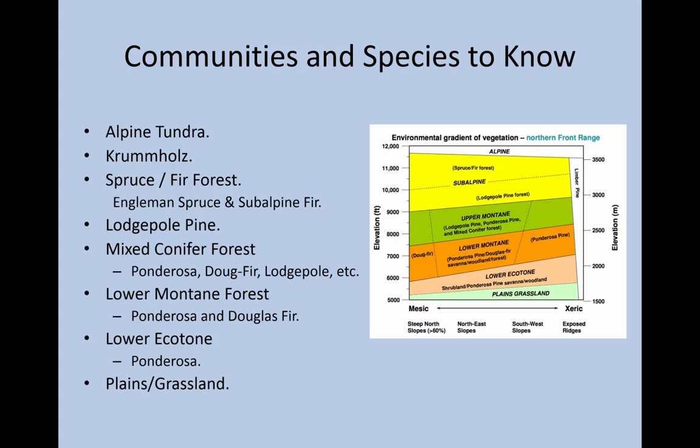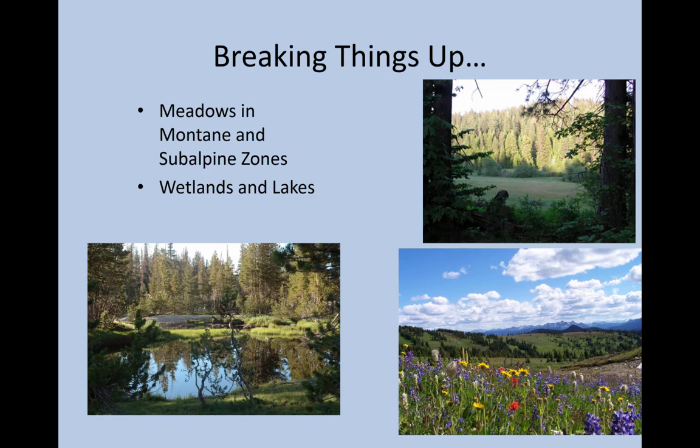But even if we discard some of those flukes, we can point out that there are some other ways in which this neat march of forests and life zones starts to get a little bit more broken up in a number of cases. One of these deals with meadows and wetlands and lakes that we'll often find in the montane and subalpine zones, places where we might otherwise expect to see forested growth, but instead we're seeing non-forests.